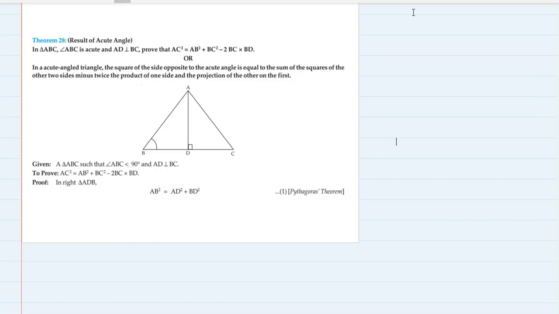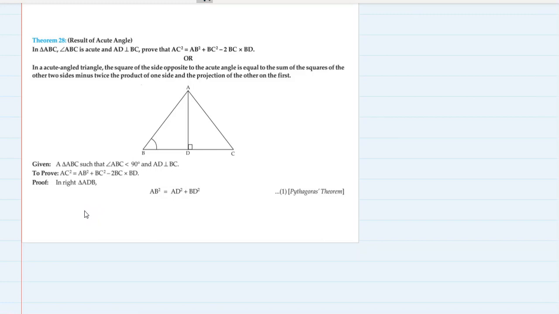See, given is written for you. In triangle ABC, angle ABC is acute angle and AD is perpendicular to BC. You have to prove that AC square is equal to AB square plus BC square minus 2BC into BD. Now, before we go ahead, what did I teach you? I taught you that you have to first list all the right angle triangles.